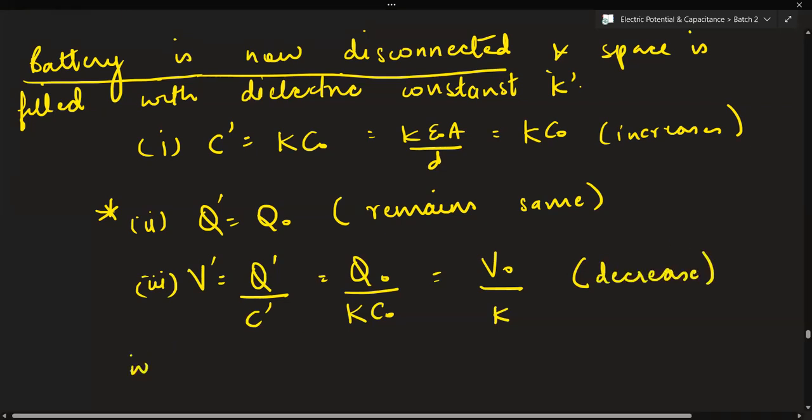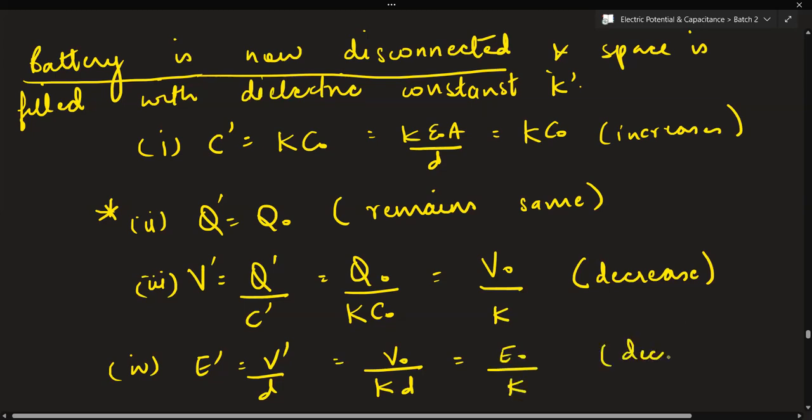And similarly, predicting electric field is very easy. See, E prime will be V prime divided by D. V prime is V naught by K. This is D. And V naught by D was the initial electric field when air was filled. So this also decreases. So these are all the 4 points that you have to remember.